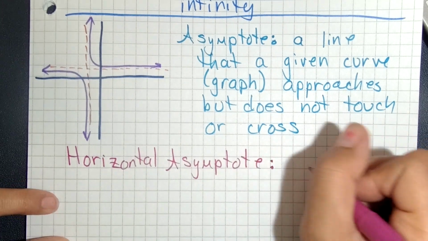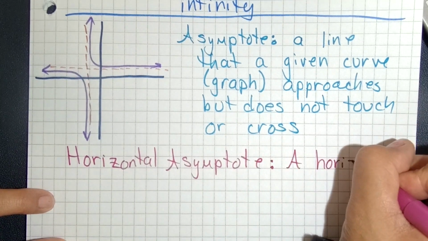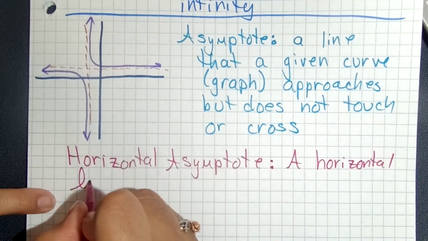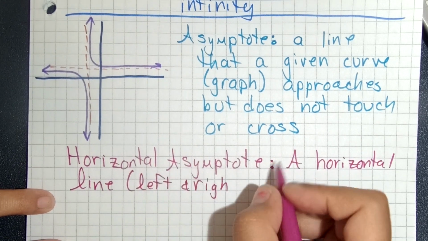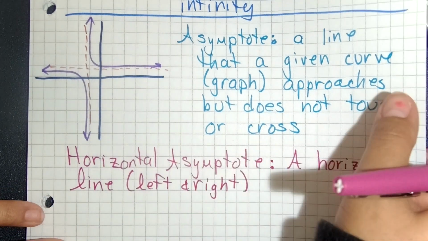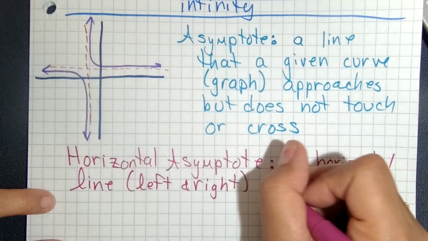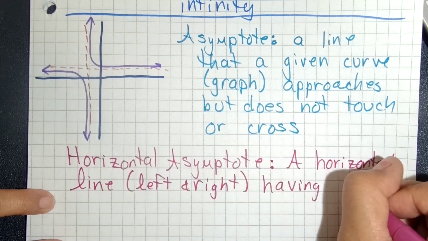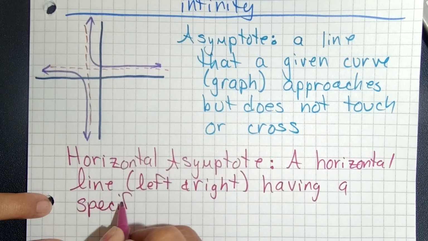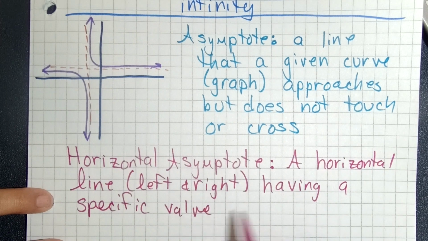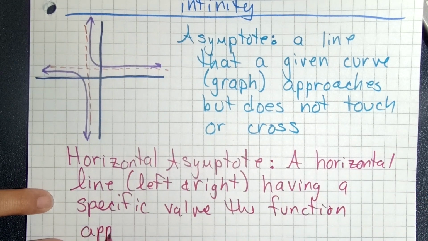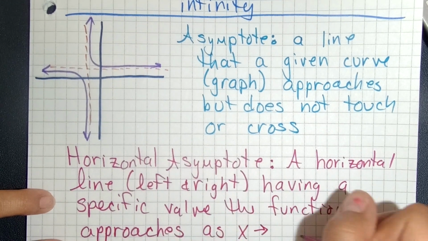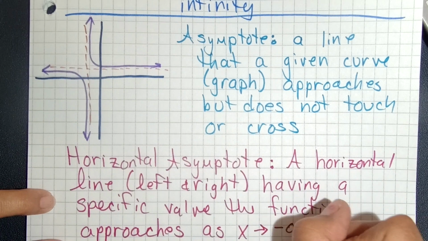A horizontal asymptote is a horizontal line, a line that goes left and right, that has a specific value, the function approaches as x decreases to negative infinity.